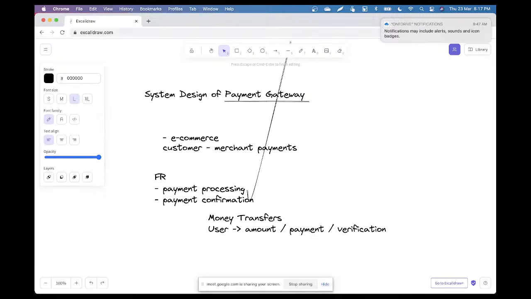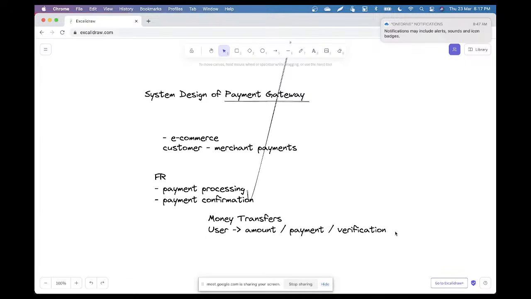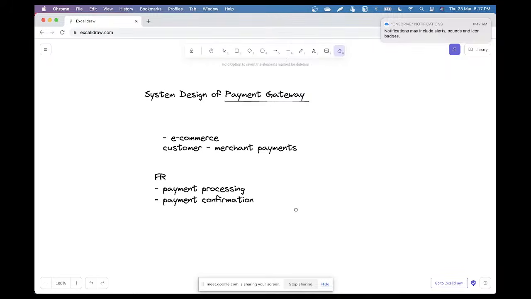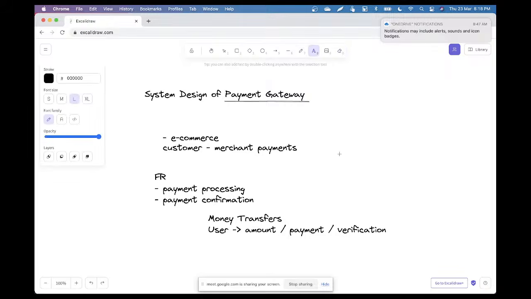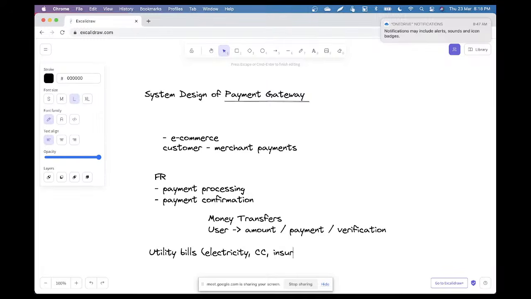In addition, if you look into Paytm as a system, Paytm does a lot of things. Paytm is also responsible for processing utility bills. For example, someone can pay utility bills like electricity, credit card bills, you can pay for insurance, more or less. There are many use cases.